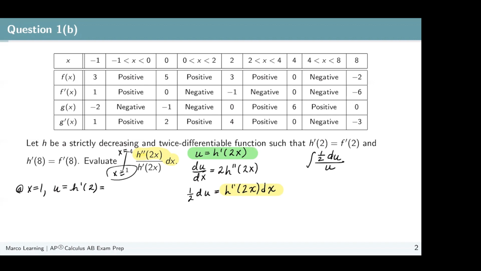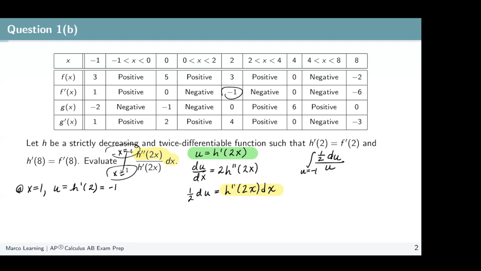And we're told that h prime of 2 is equal to f prime of 2. F prime of 2 equals -1. So u equals -1. So instead of a lower bound of x equals 1, we can use a lower bound of u equals -1. And then let's convert that upper limit of integration.